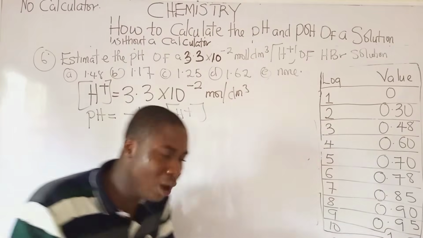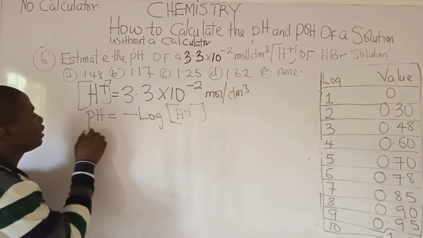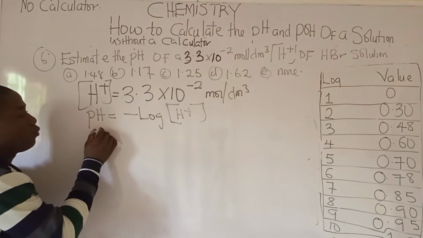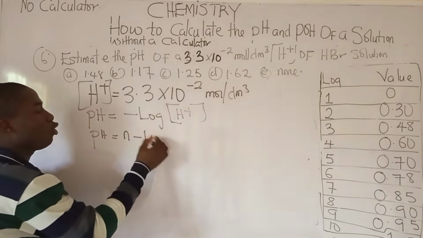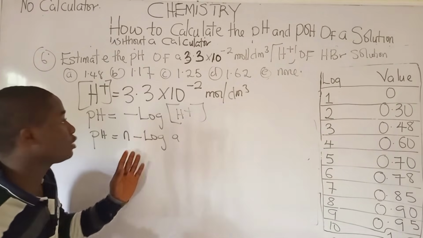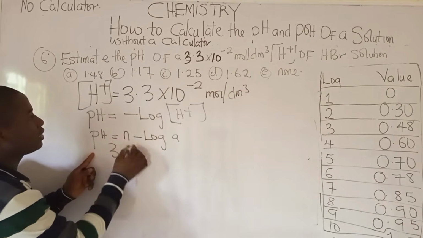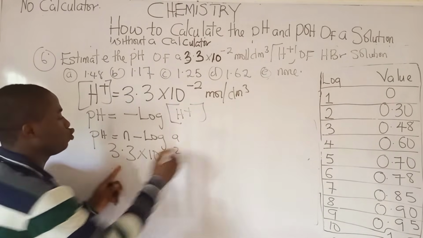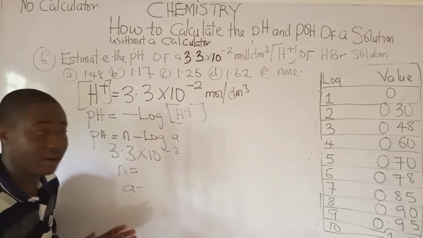But now we don't have the calculator in the exam, so what we simply do is use an alternative formula, which is basically pH equals n minus log A. Okay, and I told you guys that A is assigned a value. You bring it, 3.3 times 10 to the minus 2. So this n is assigned a value and A is assigned a value.